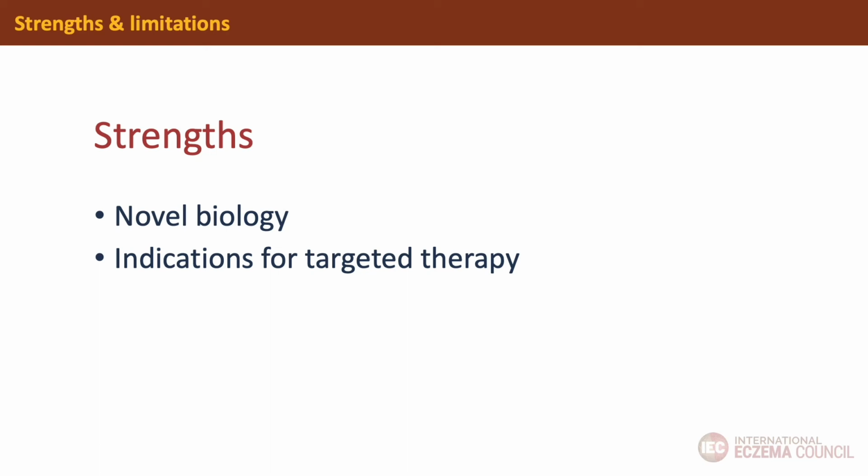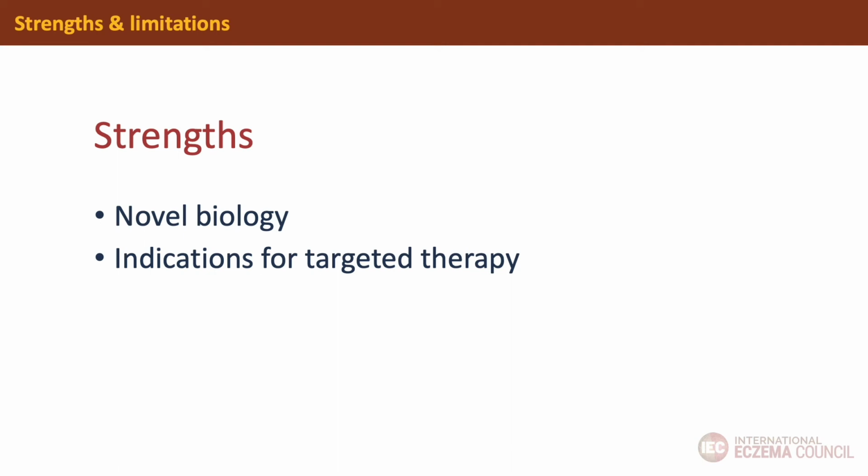So we can be more confident that it's having a causal effect rather than just an observational association. And one of the most obvious examples of the novel biology that we've learned about in AD is the emphasis of the importance of skin barrier dysfunction as a predisposing factor for multisystem atopic disease.